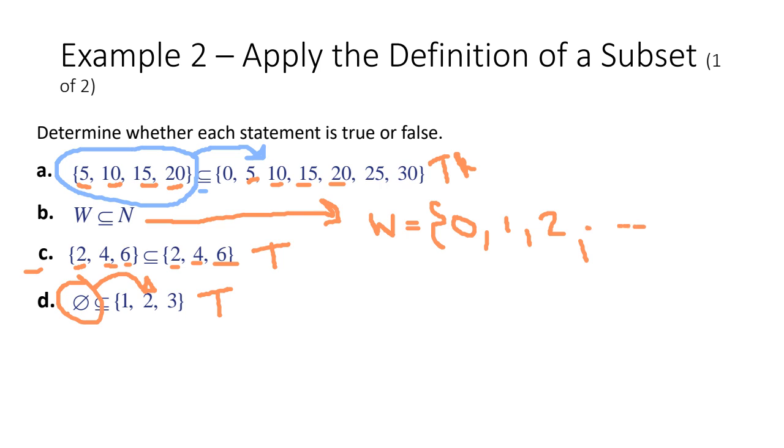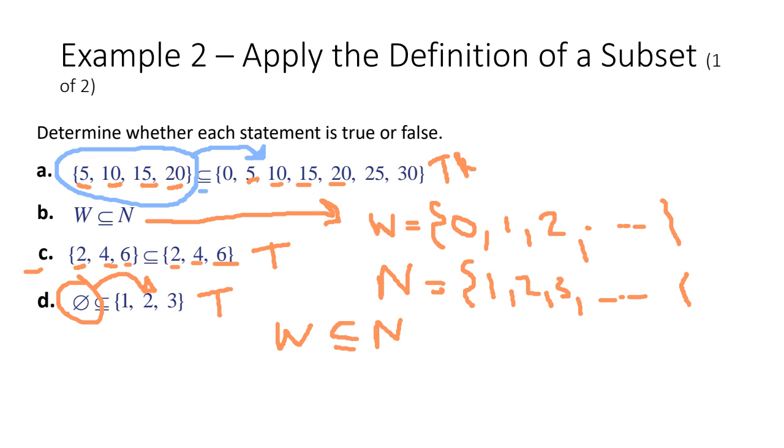And then N is 1, 2, 3, and so on. So they want to know, is W a subset of N? And again, if it helps you to write it down, you can. So this is 0, 1, 2, and it goes on forever.